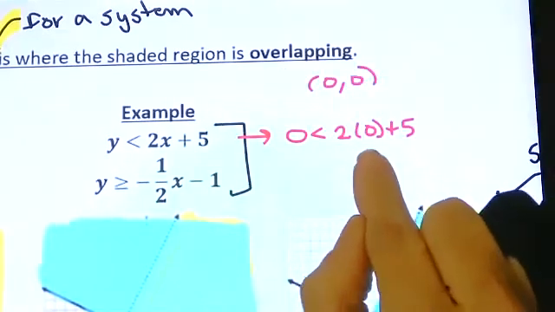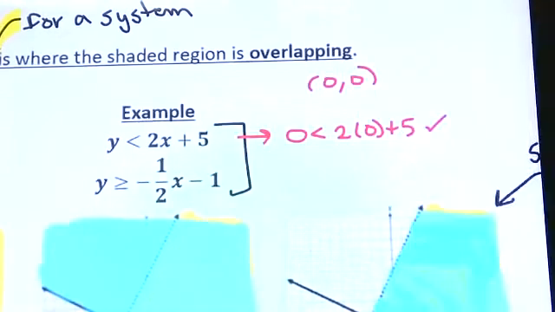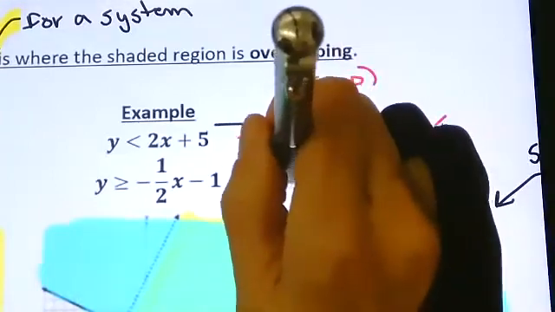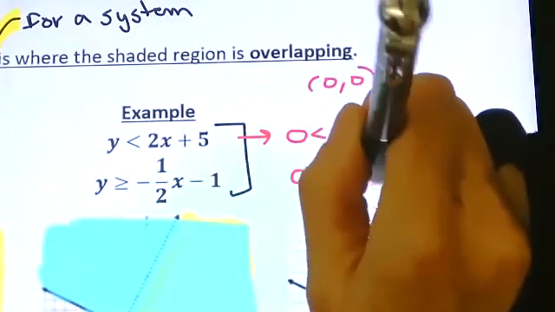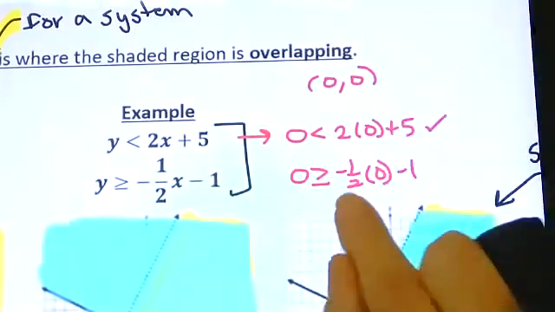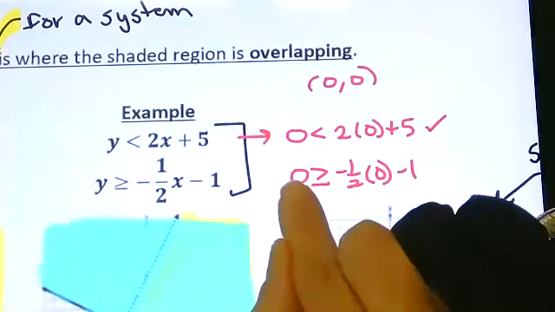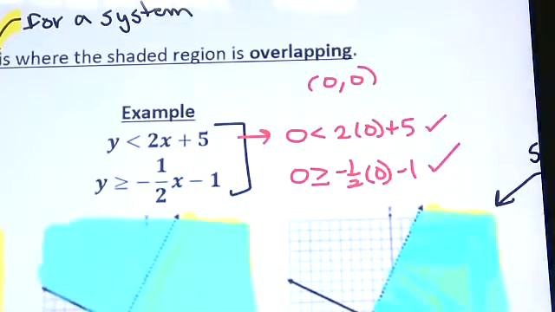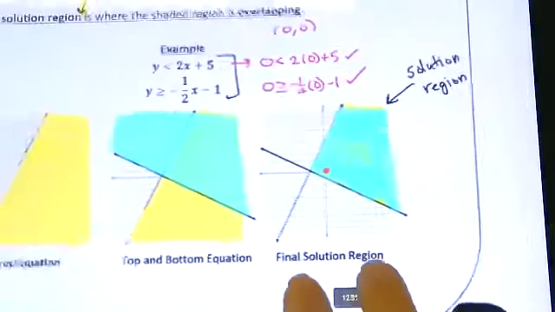Well, let's see. 2 times 0 plus 5 is 5. 0 less than 5, that checks. Check the second one. The y, which is 0, is supposed to be greater than or equal to -1/2 times 0 minus 1. Well, -1/2 times 0 minus 1 is -1. 0 greater than or equal to -1, that checks out. So I know that this is the correct solution region.